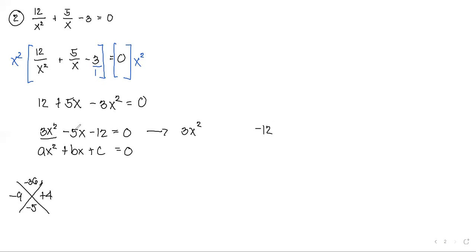Kasi yung negative 5 lang yung papalitan natin. In the form of, ganito, negative 9x plus 4x. Diba? Kasi kapag inadd mo naman yan, negative 9x plus 4x, negative 5x pa rin. So, in-express lang natin siya as ganito para madali siya ma-factor.